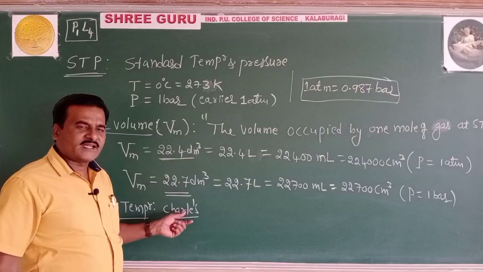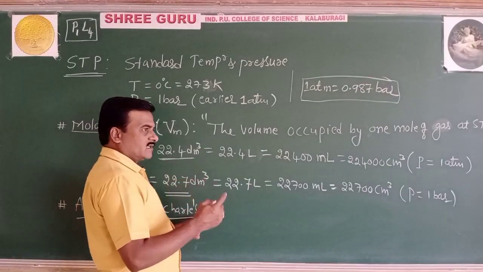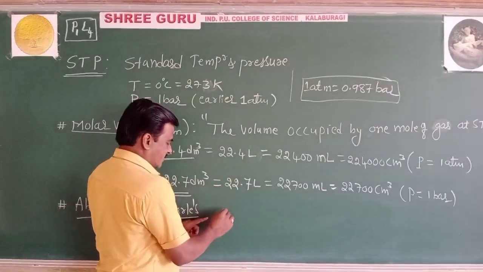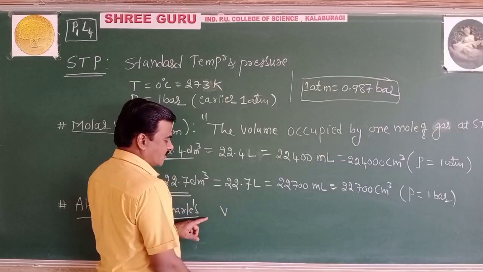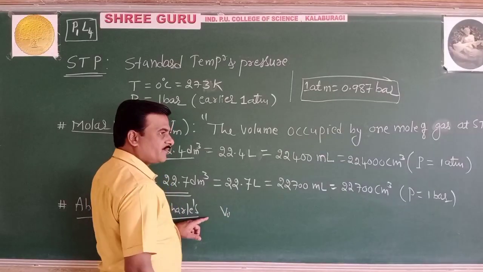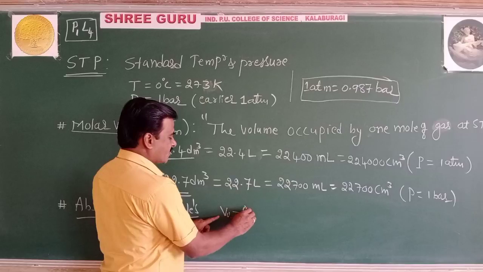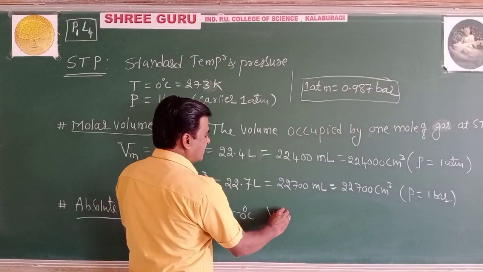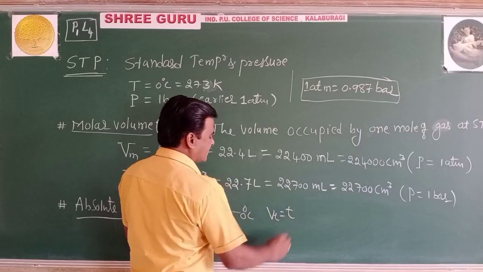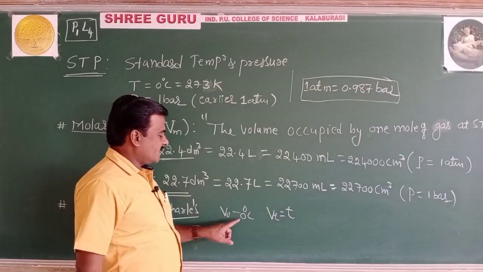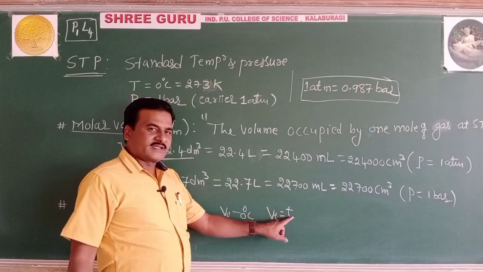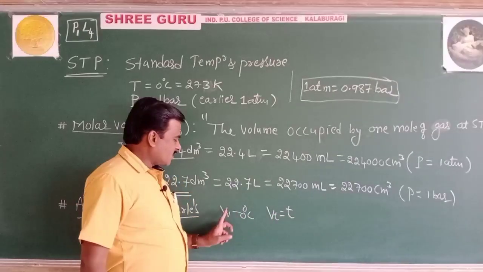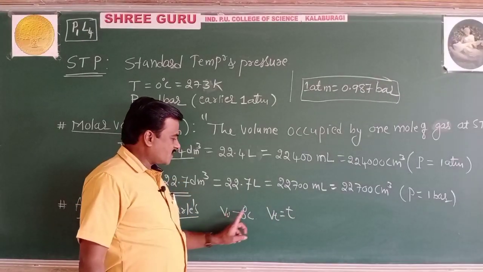What he said was: if the volume of the gas is V0 at a temperature of 0 degrees Celsius, and Vt at a temperature of T degrees Celsius, then at 0 degrees and at T temperature, the volumes of gas are V0 and Vt.